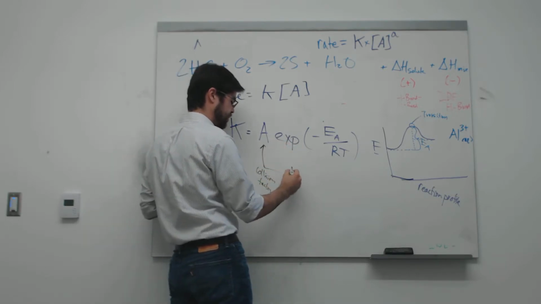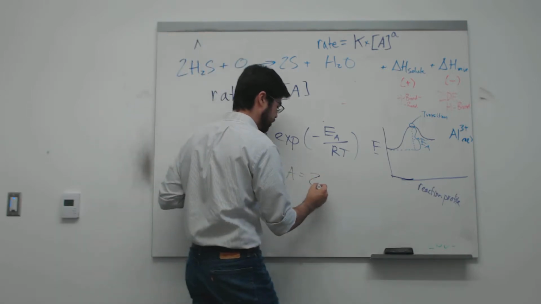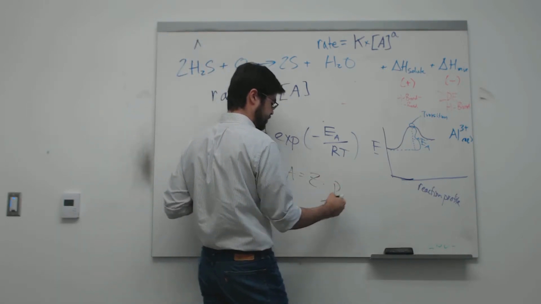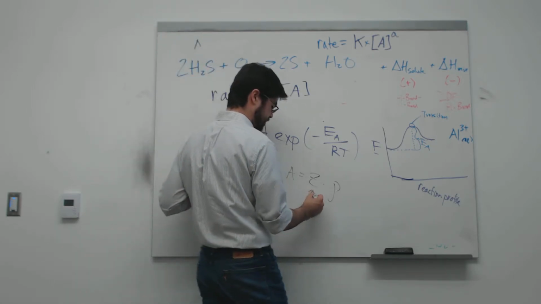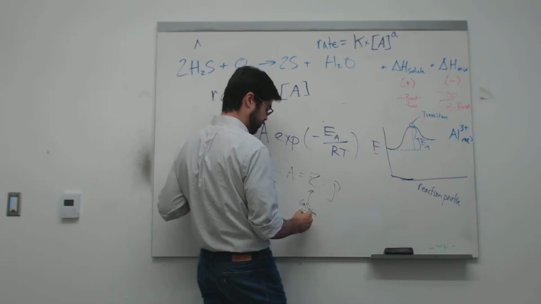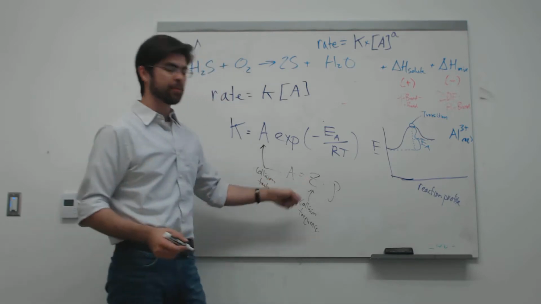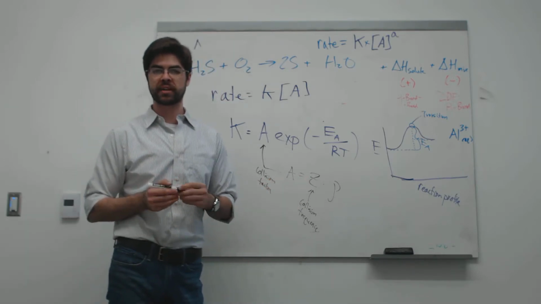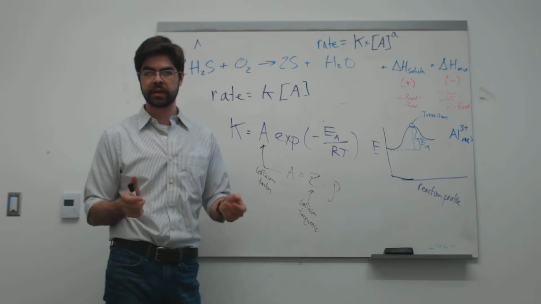But the collision factor itself is based on two other factors, the collision frequency, not the collision factor, I should say, and the orientation factor. The collision frequency, in its most basic form, determines how many collisions there are per second between the reacting species in a chemical system.